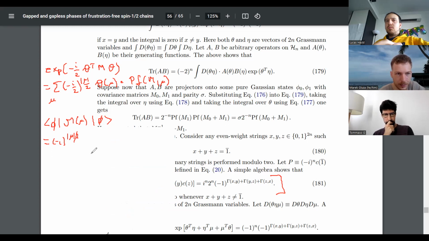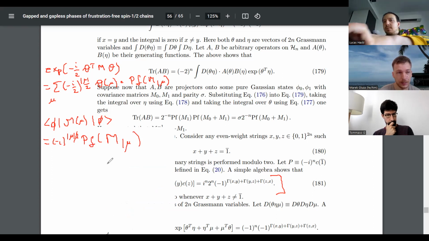For a Gaussian state, this will be defined as the Pfaffian of the matrix M restricted to rows and columns where mu is equal to 1. So it's taking Pfaffians of submatrices, and that's called Wick's theorem.